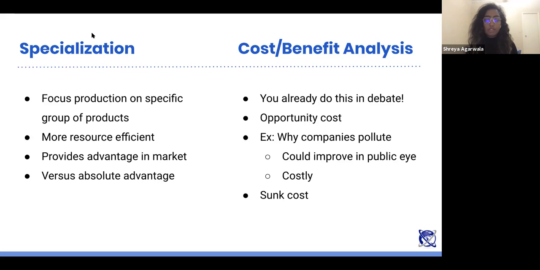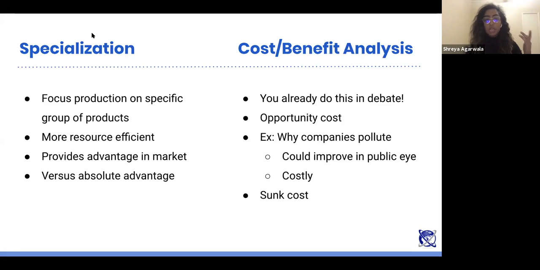So an example of something you'd potentially use in debate is why companies pollute. They could make the decision to stop polluting, and that would probably improve the way they look in the public eye, because they'll be more environmentally friendly, just giving them an overall boost in terms of reputation.